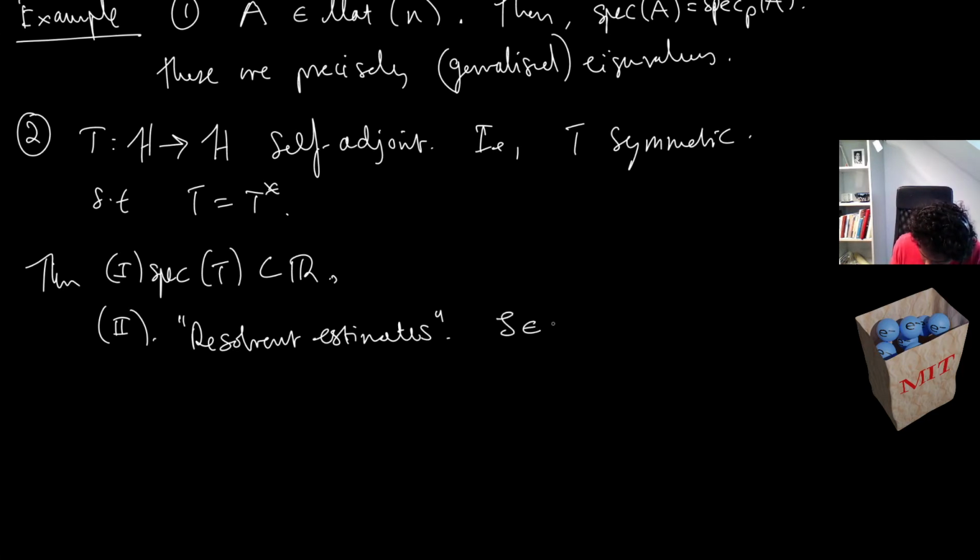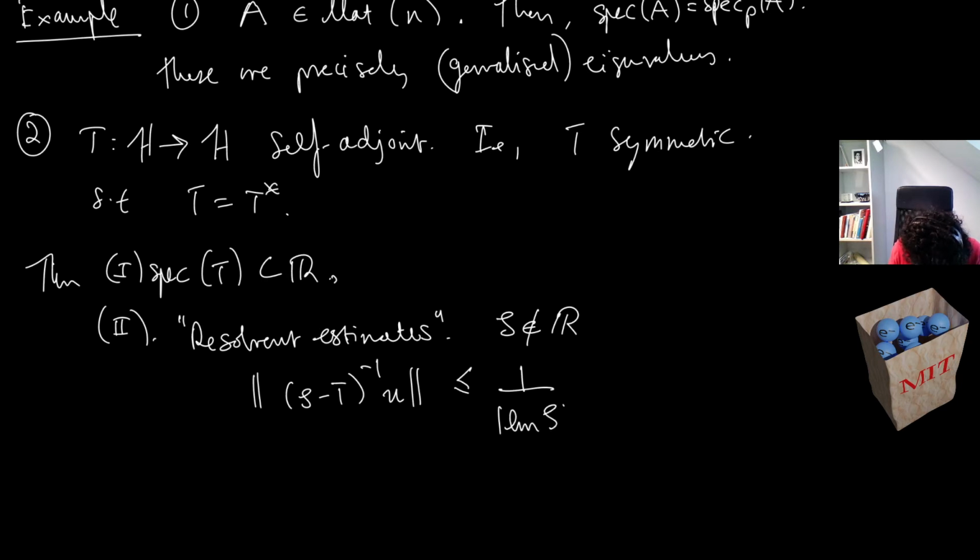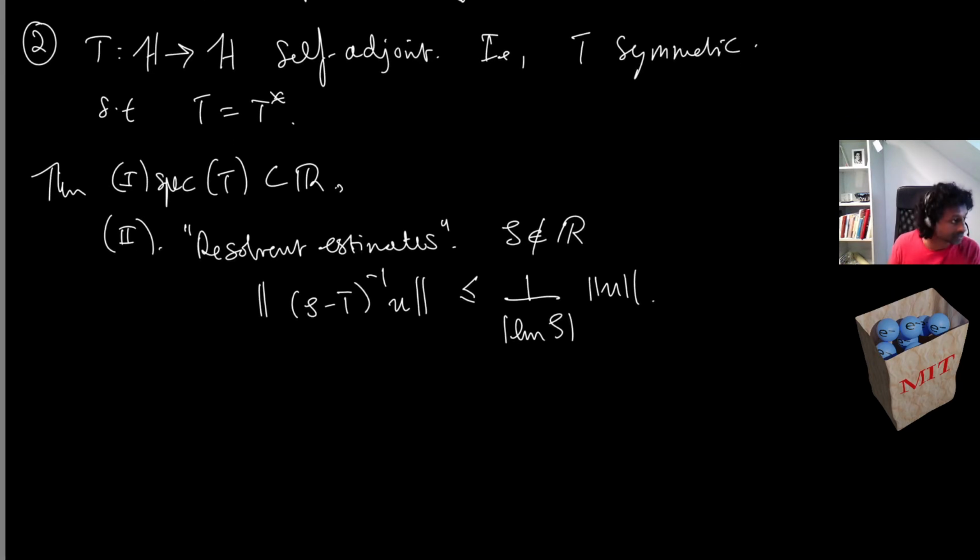For zeta not in the real line, if the spectrum is real, then certainly everything outside of the real line is in the resolvent. So we have the inverse, this is invertible, and this is going to be bounded by 1 divided by the imaginary part of zeta, times norm u. These are what we call resolvent estimates.